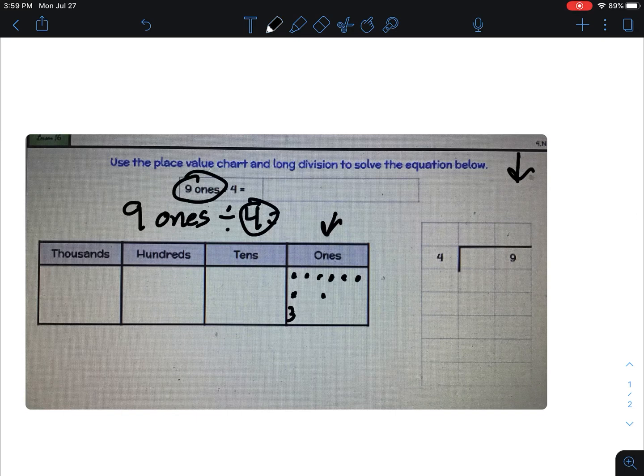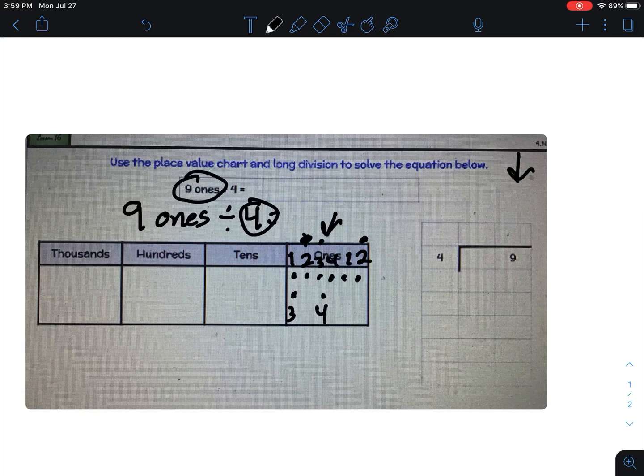So what you want to ask yourself is, and some of you can do this without doing all this if you really understand the concept. So I'm going to renumber here. So you want to say, what's the equal number each group has?